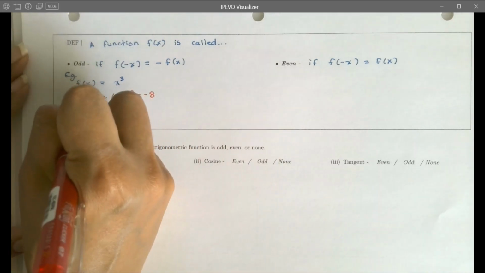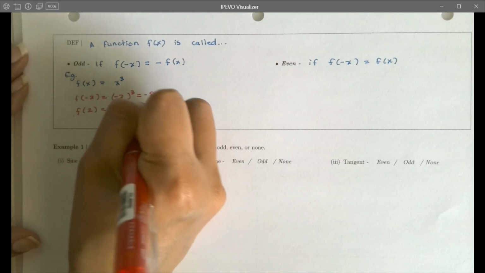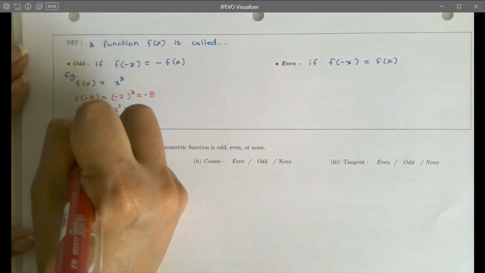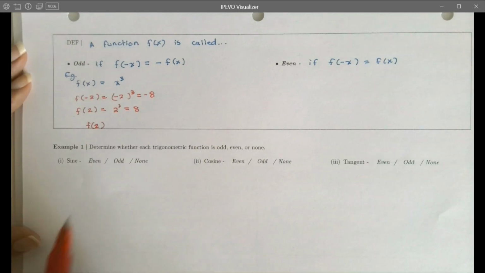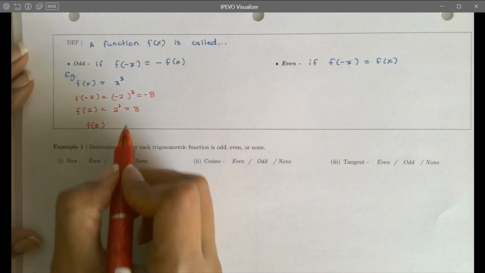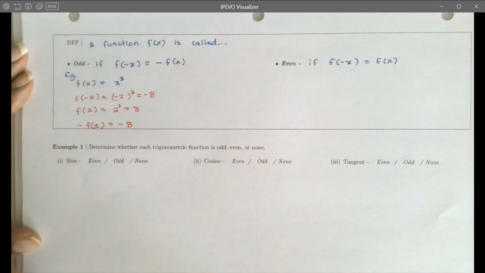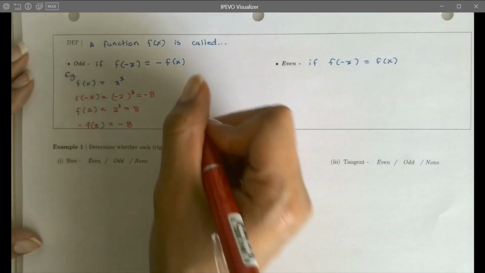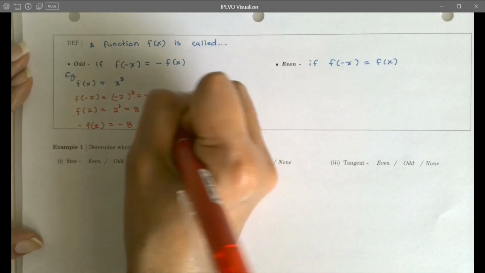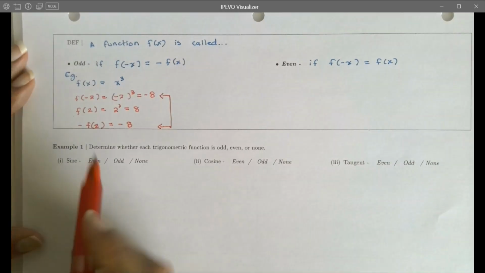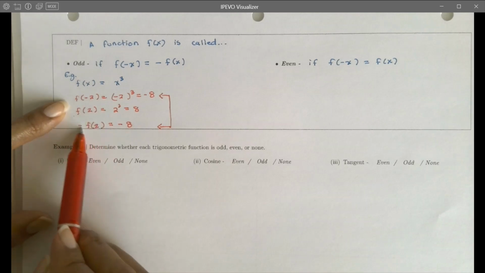If I take a look at what is f of 2, I'll get 2 cubed, which is 8. So if I take f of 2 and I multiply it by a negative 1, that's going to give me negative 8. Right? So if you notice, both of these are the same answer. That means that f of negative 2 is the same thing as negative f of 2.